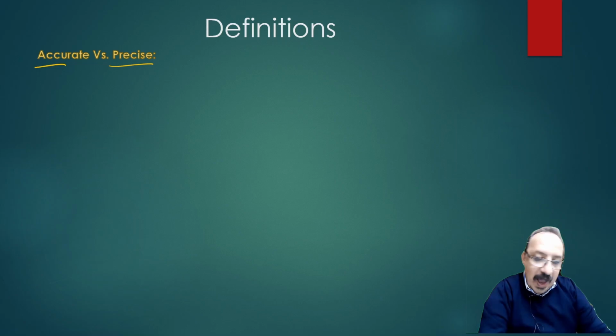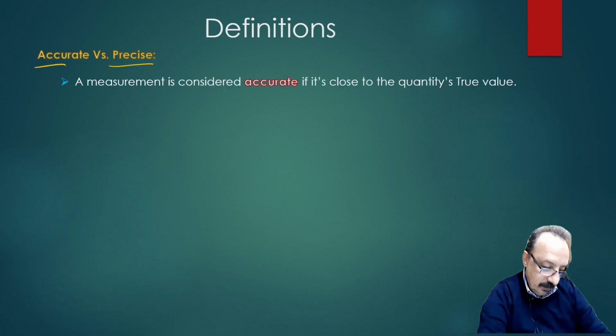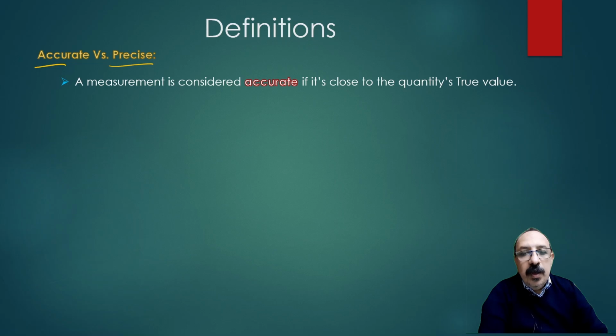Accurate is how close a value is to its true value. How close are we to the true value? For example, again we recall the experiment of acceleration due to gravity.